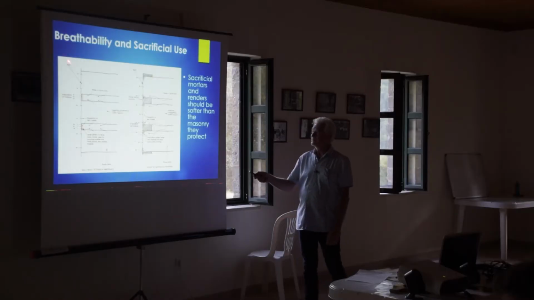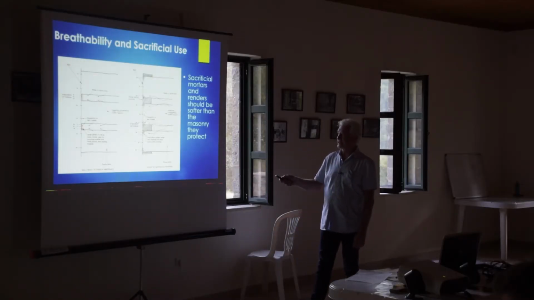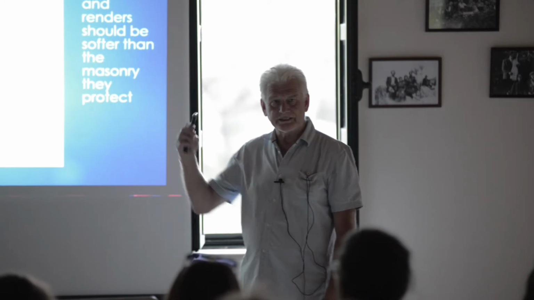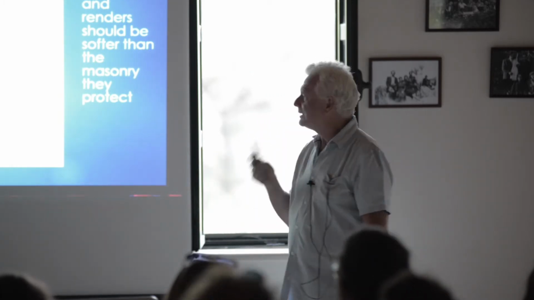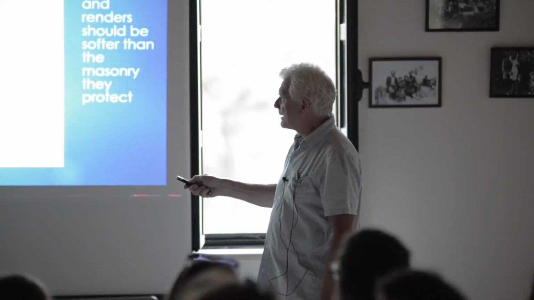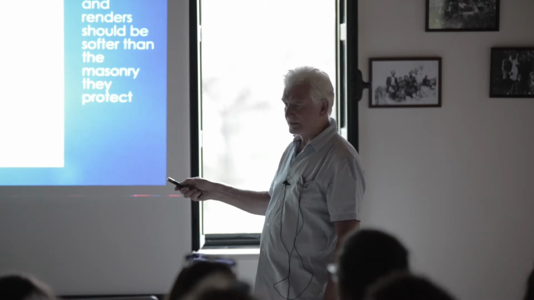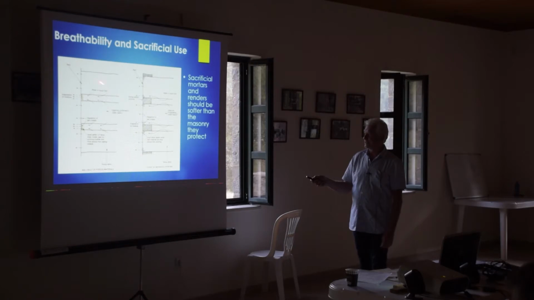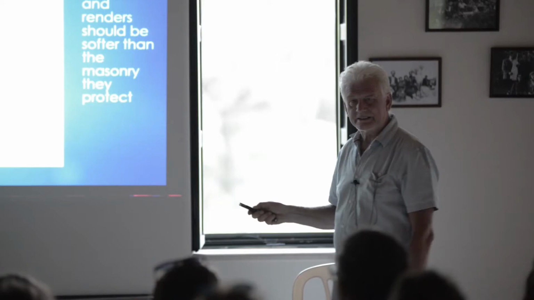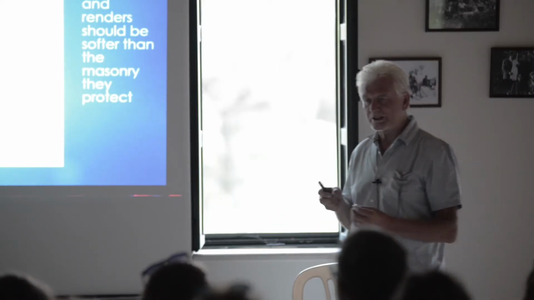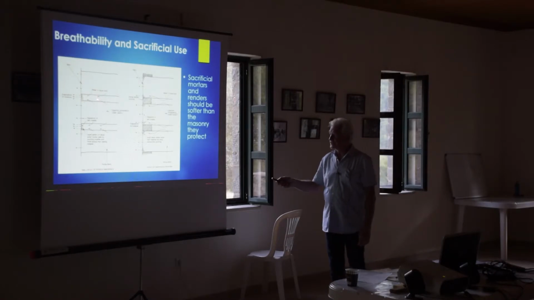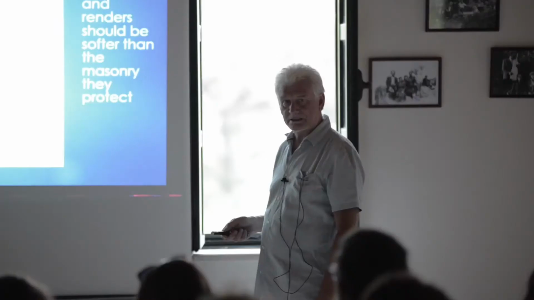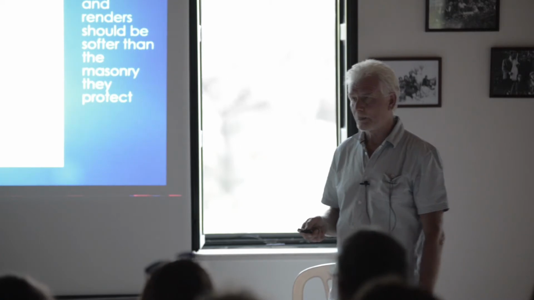That means that when water enters the stone, water will always find the easiest way out. The easiest way out is partially through evaporation here, but also it will go down into the mortar. So the mortar has to be softer to allow the water to get out. Yes? You understand the principle?